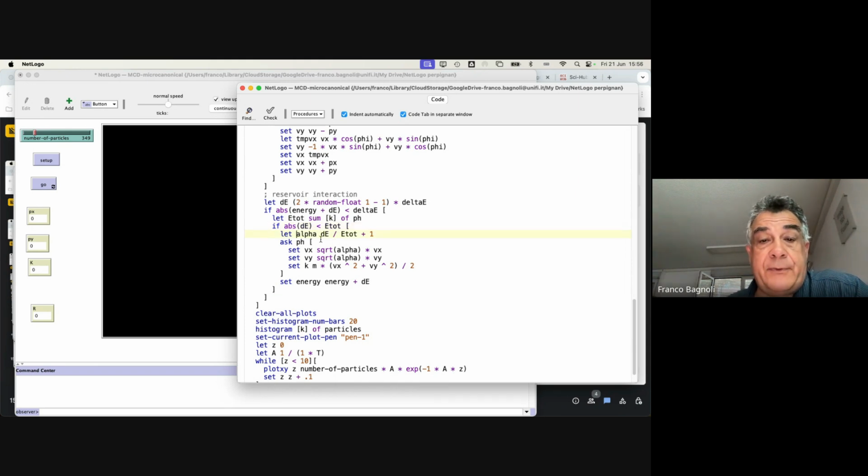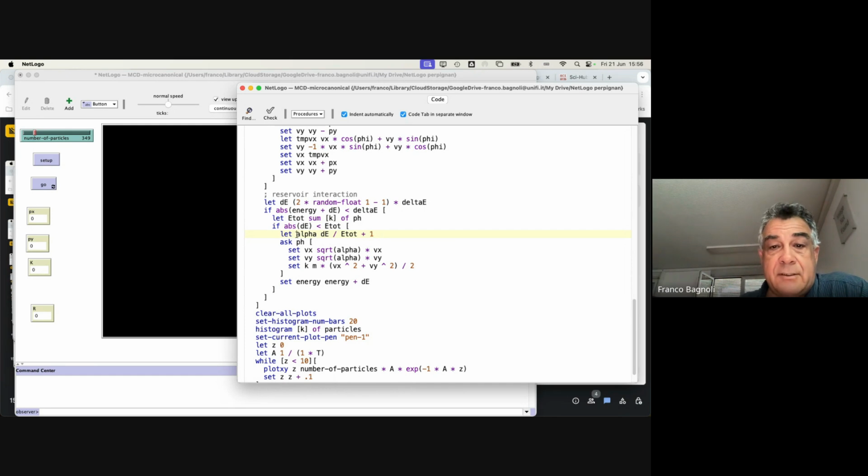Now, if I want to have the new energy equal to the old energy plus dA, you have to multiply the energy by this factor, because if you multiply this by a tot, you have dA plus a tot.